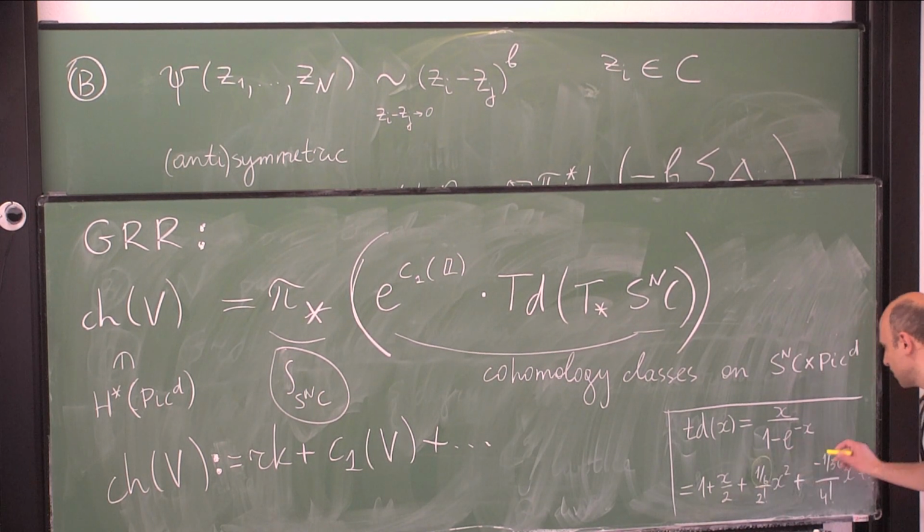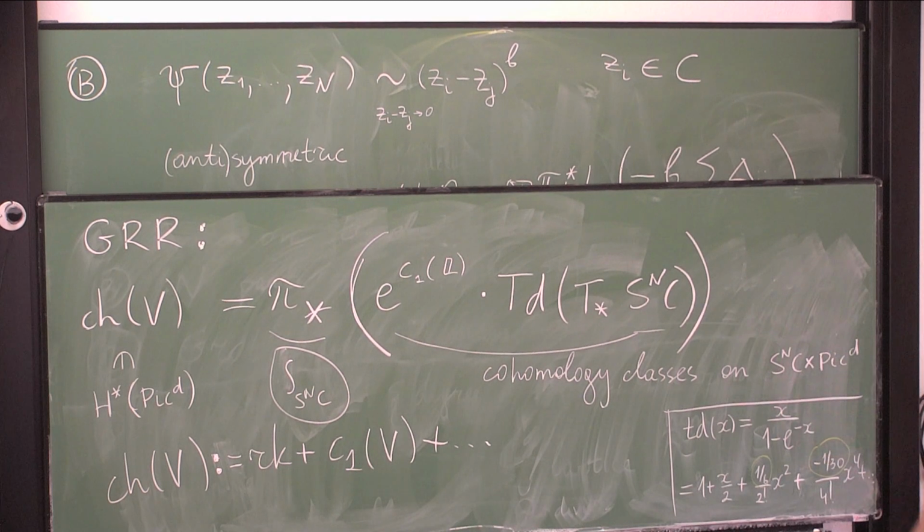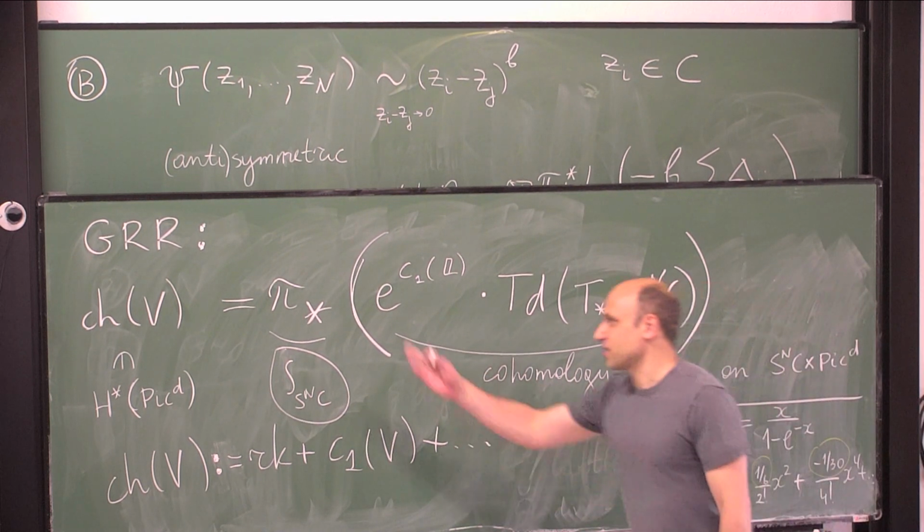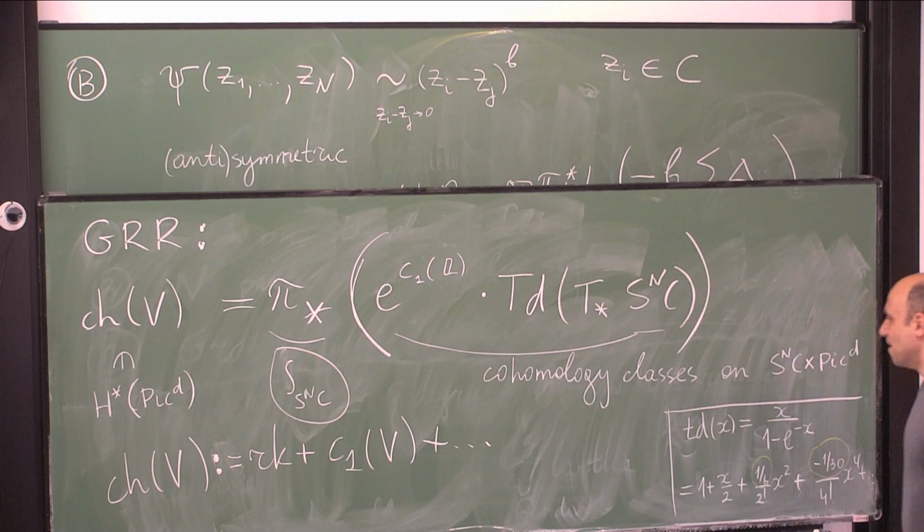And these are Bernoulli numbers. It's one of the mysteries of algebraic geometry that Bernoulli numbers appear in the Grothendieck-Riemann-Roch formula. There are various explanations, but it's still quite surprising that you need these numbers to compute a push forward, to compute Chern characters of a vector bundle.